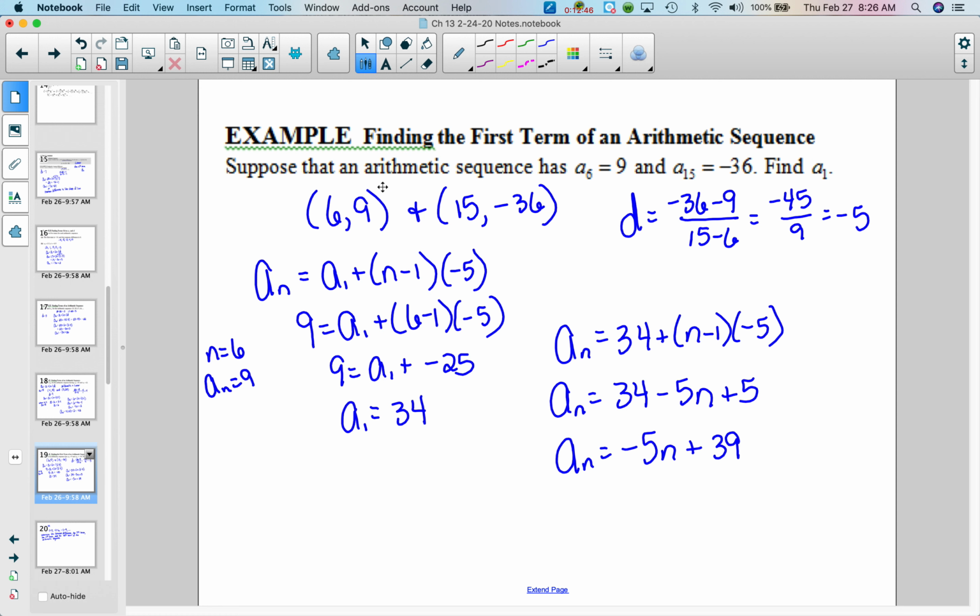Okay, then double checking. I wasn't asked to find any other thing. Oh, as a matter of fact, I wasn't even asked to find a sub n. I was asked to find a sub 1. So honestly, I could have stopped there. Sometimes when you don't read the directions, you do more than you were asked to. But that's okay. You're never penalized for doing more as long as you do it correctly.